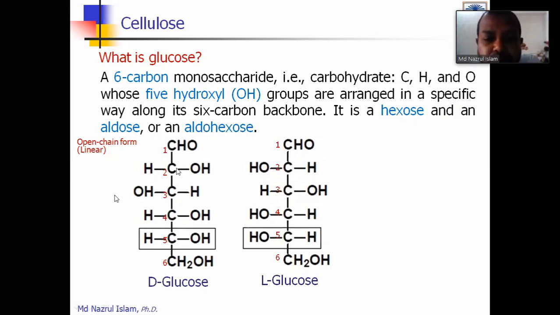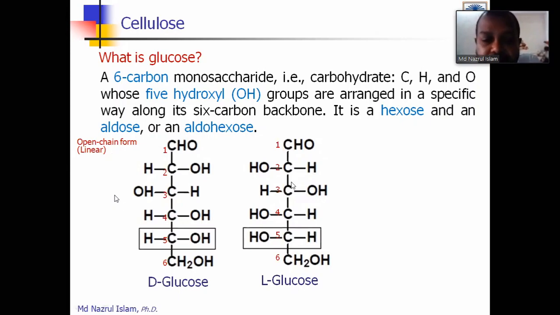However, at carbon 2, in the left figure the hydroxyl functional group is on the right hand side, whereas in the right hand figure the hydroxyl functional group is on the left side. However, both are made from C6H12O6.